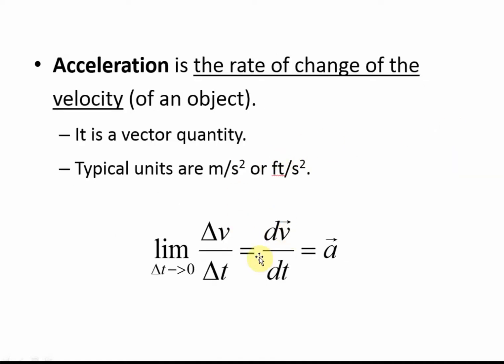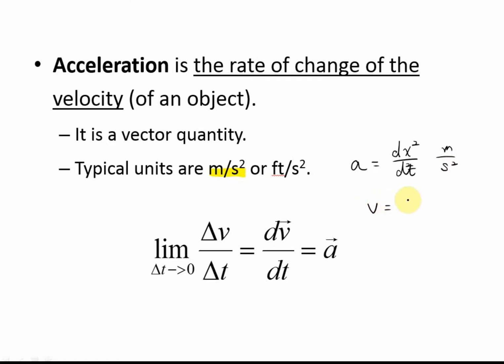If you take derivatives of your velocity, then that becomes the acceleration, because acceleration is the rate of the change of the velocity. The unit of the acceleration is meter per second square, because your acceleration is 2 times derivatives of your x.